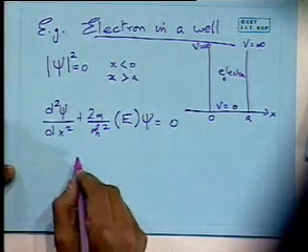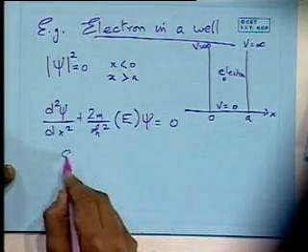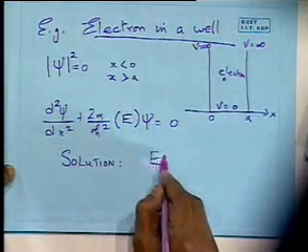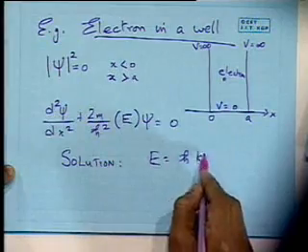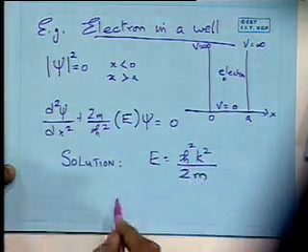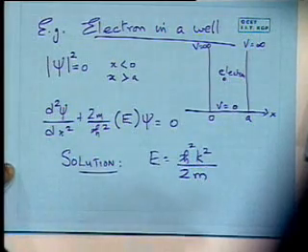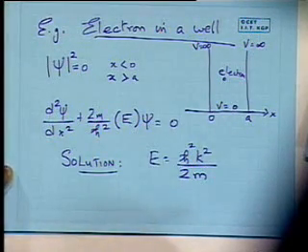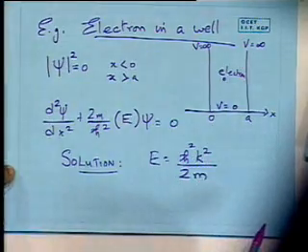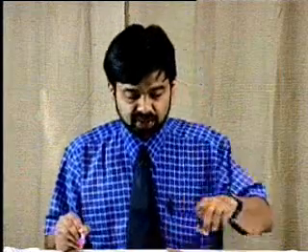Okay? If you go through the solution for this, what you end up with is E is equal to h bar squared k squared by 2m. My point is not to teach you how to solve this, so I'll refrain from that. We'll simply say E is equal to h bar squared k squared by 2m.